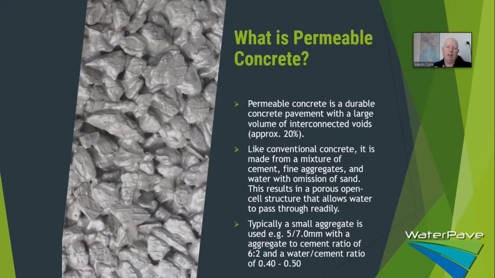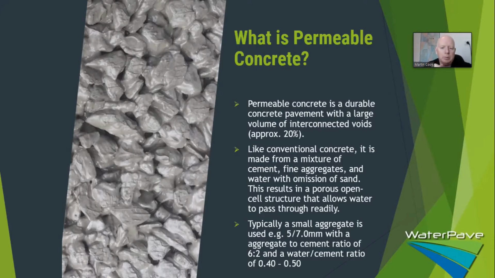We try to hit anywhere between 15 and 20% with our mix designs, and most of the time we're up around 20%. Like conventional concrete, it is made up from a mixture of cement, aggregates and water, without the addition of sand. This results in a porous open cell structure that allows water to pass through it readily.